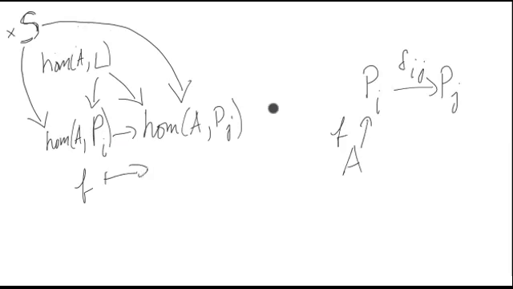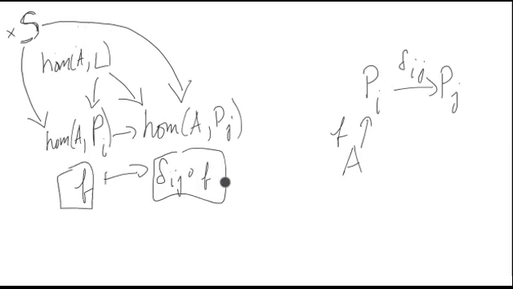It's actually sent to just this composition, delta ij of F. Okay, so what we get is, if X is sent to F here, X would have to be sent, because of the commutative diagram situation, to this guy over here. So X is sent here, X is sent there.